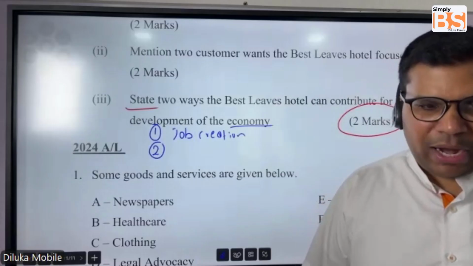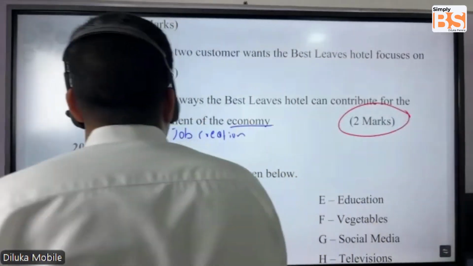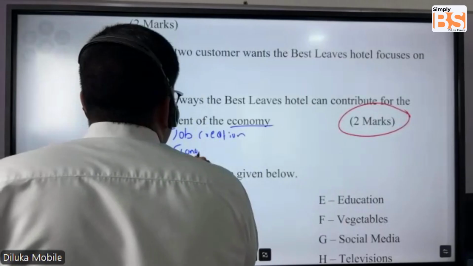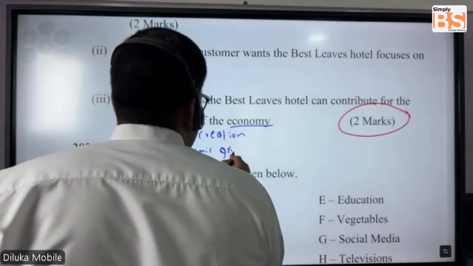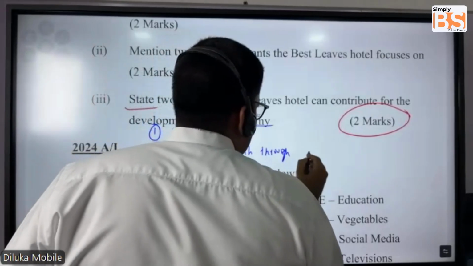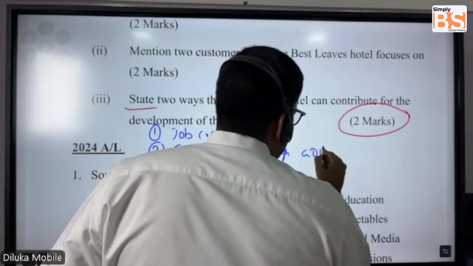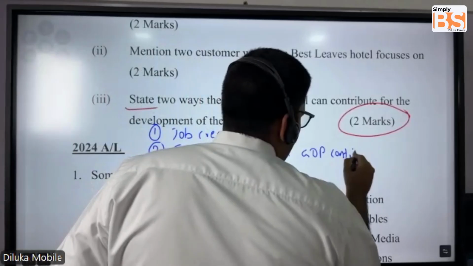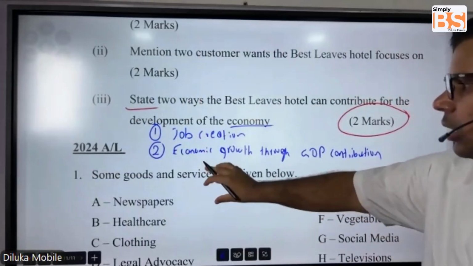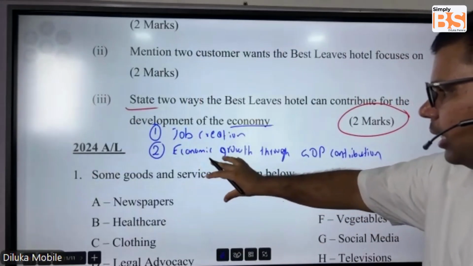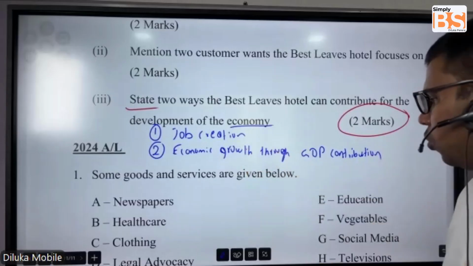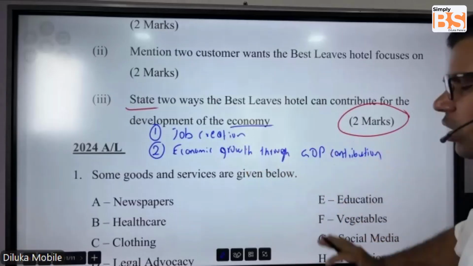You can write this under economic growth: contributing to the economic growth through GDP contribution.